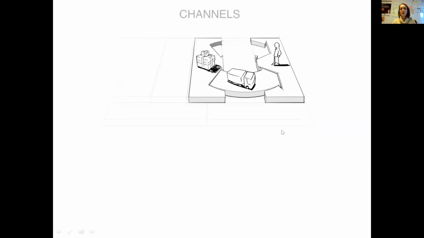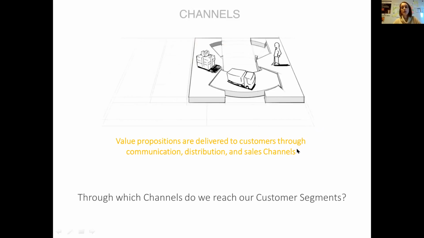So let's go on with the channels. The channels should describe how the enterprise is communicating and reaching its customer segments. So the basic question here is, through which channels do we reach our customer segments, right?